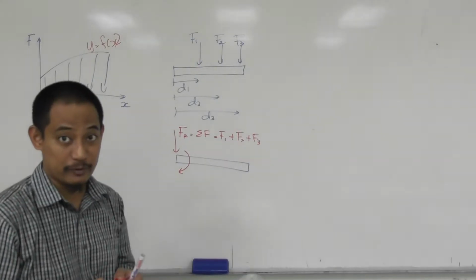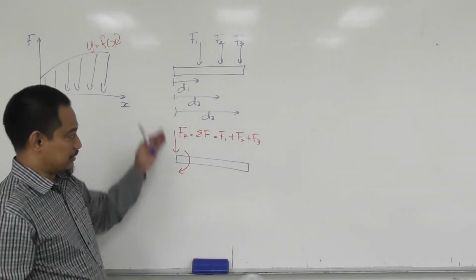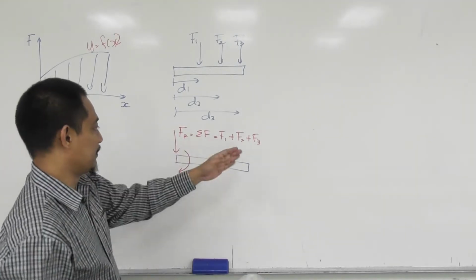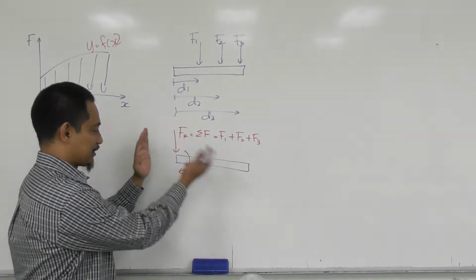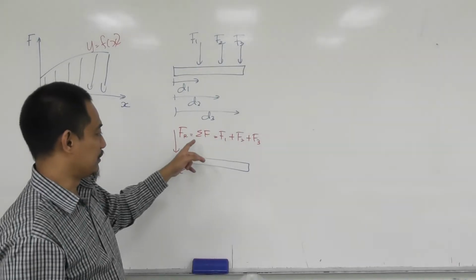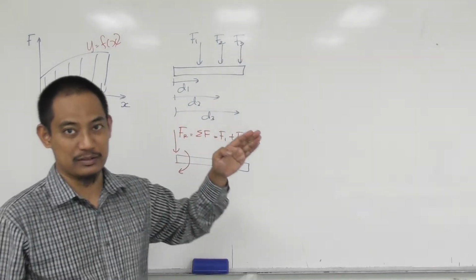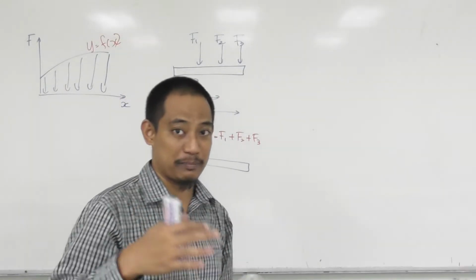Of course, this is just 2D with all forces in one direction. If you have x and y components, you sum the x components and y components, and the resultant is the square root of Fx squared plus Fy squared.